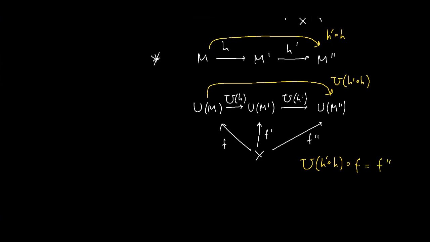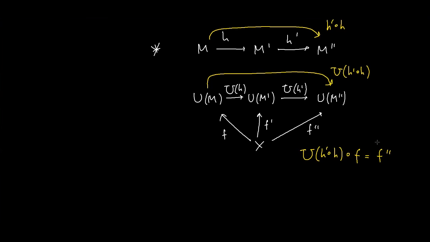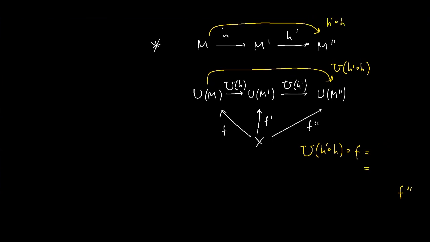That's the bigger triangle I need to commute in order for this thing to be a morphism from this object, well, rather this object to that object, right? So Lian, would you like to suggest how, explain how do we know that that bigger triangle will commute?